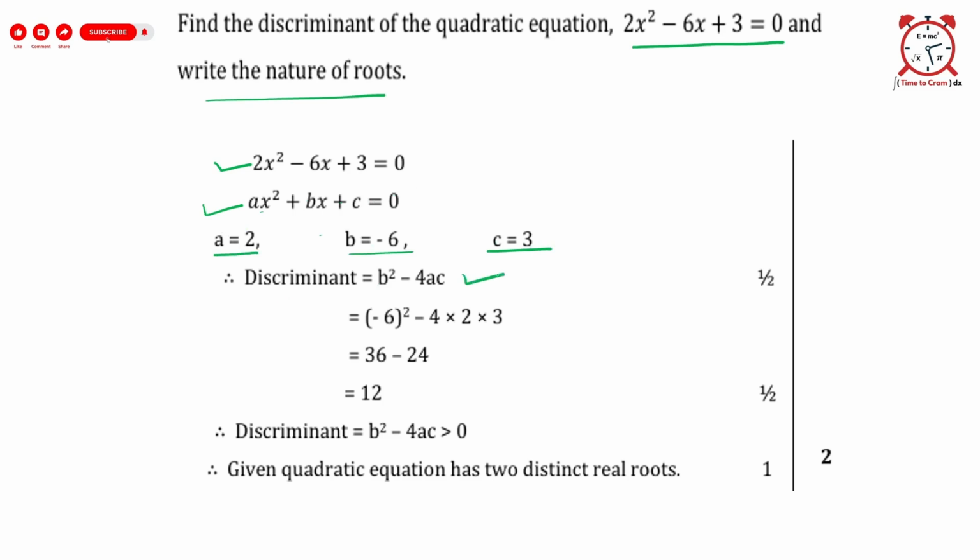Look, again the formula. So put the values properly and find the discriminant. You will get 12, and 12 is greater than 0. So here you do not have to find the roots of the quadratic equation. Do not go ahead because they asked us to write the nature of the roots. So b square minus 4ac is greater than 0. We have to conclude that the given quadratic equation has two distinct real roots.